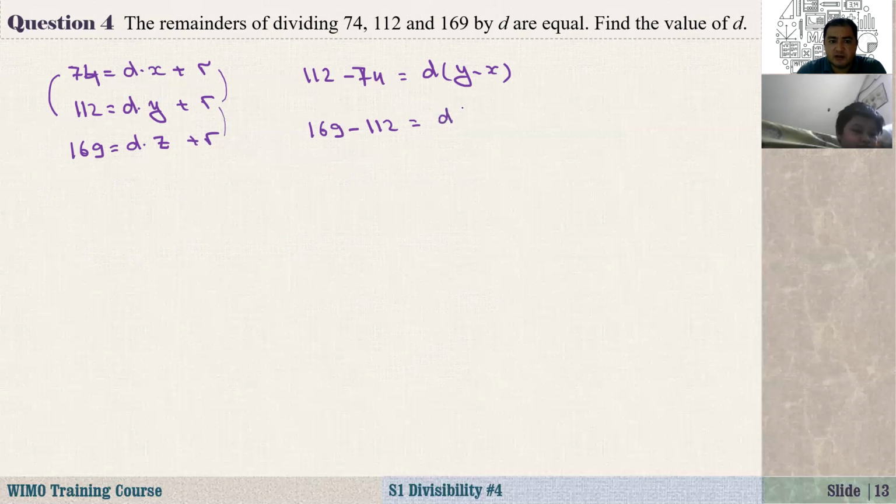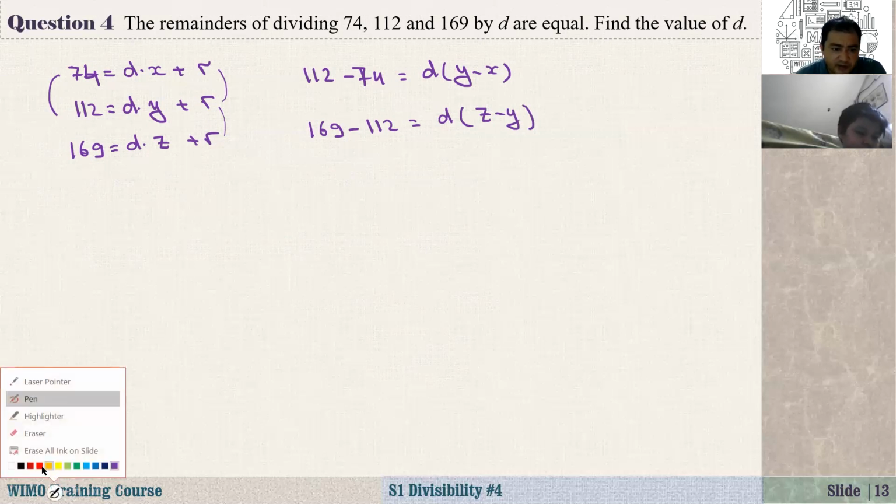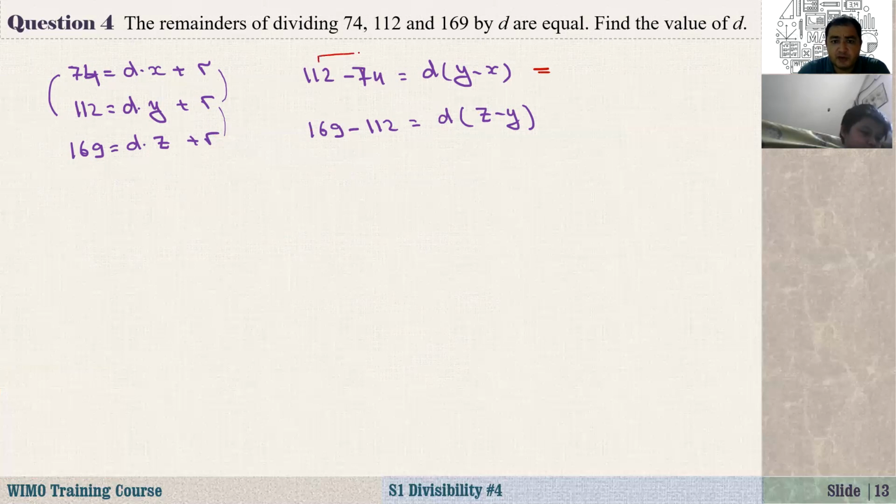So here we have d as a common factor times z minus y. So now let's find the differences. What is 112 minus 74? It is 38, right? And 169 minus 112 is equal to 57, right?